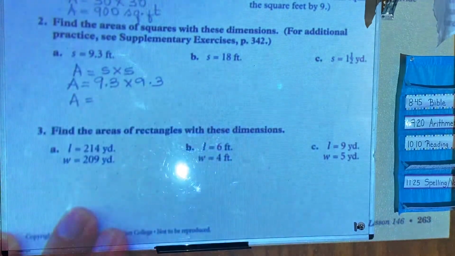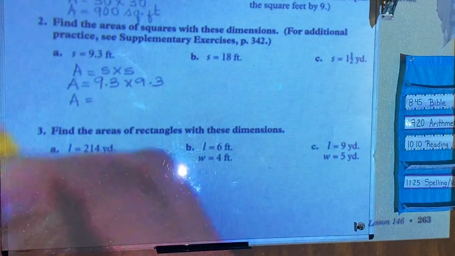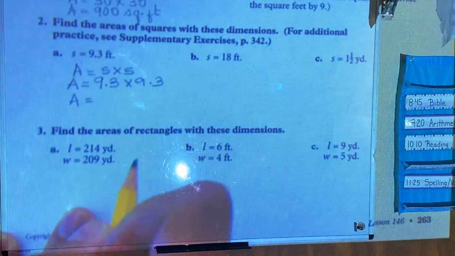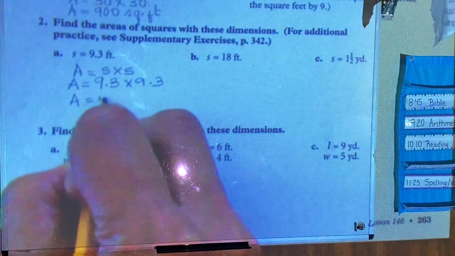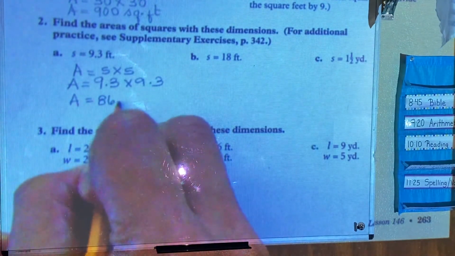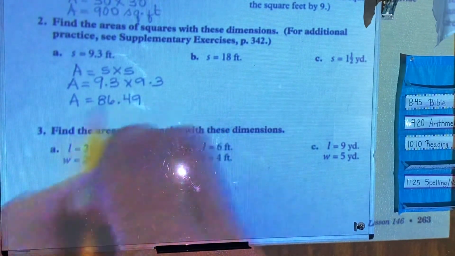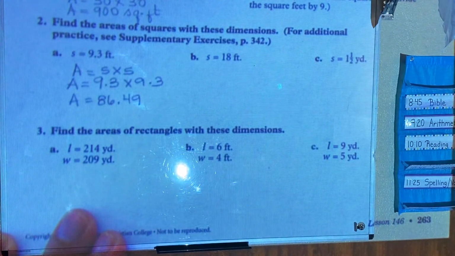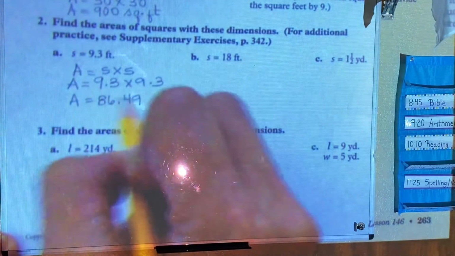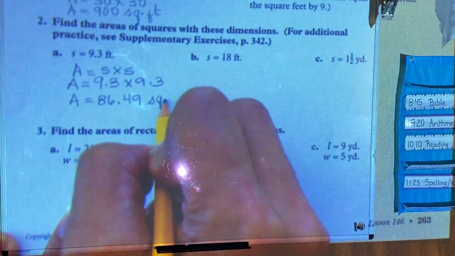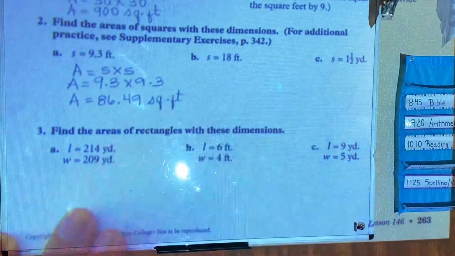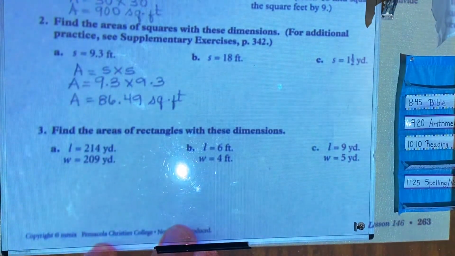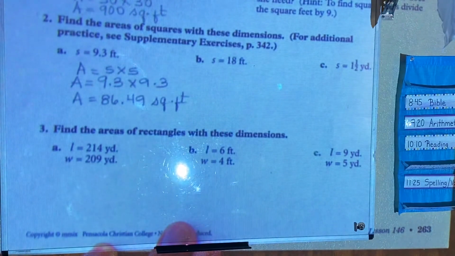When I multiply 9.3 times 9.3, that's going to give me 86.49. And again, because I am multiplying feet by feet, my answer is going to be square feet. That would be my answer for letter A on number 2.